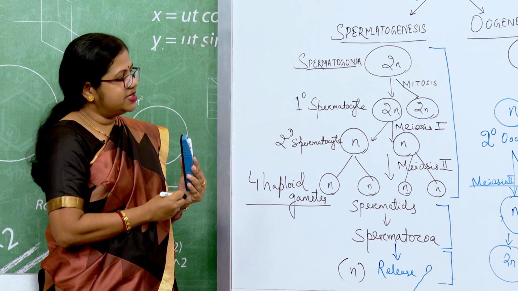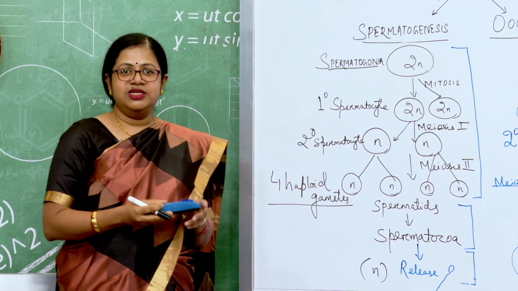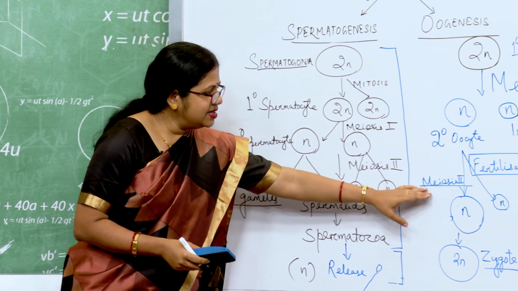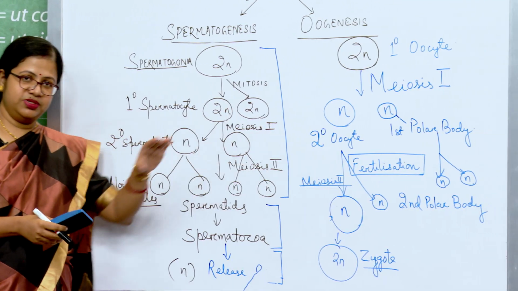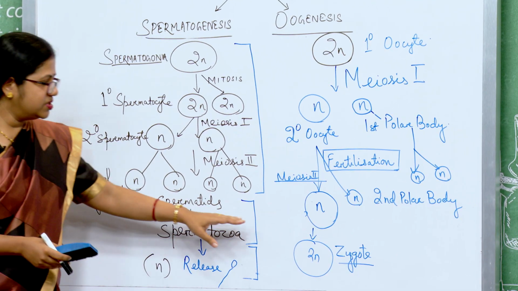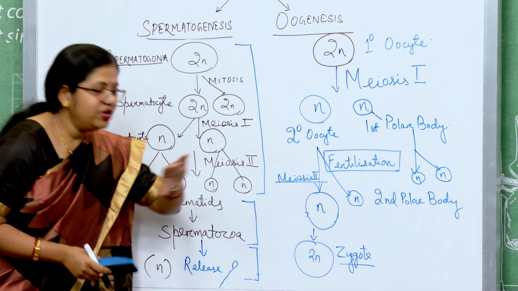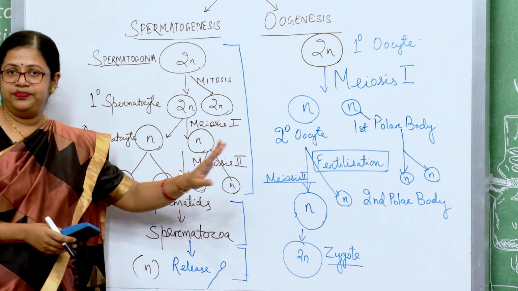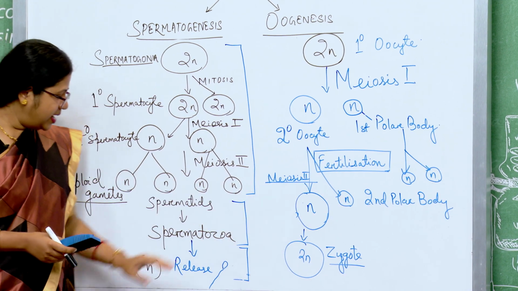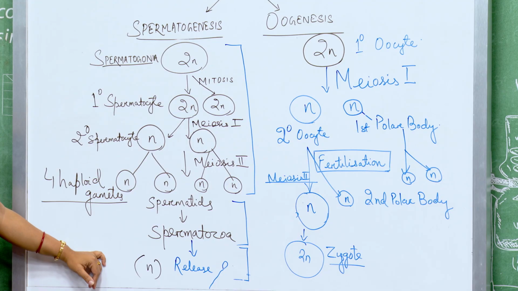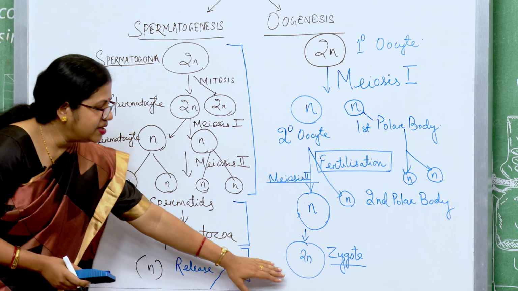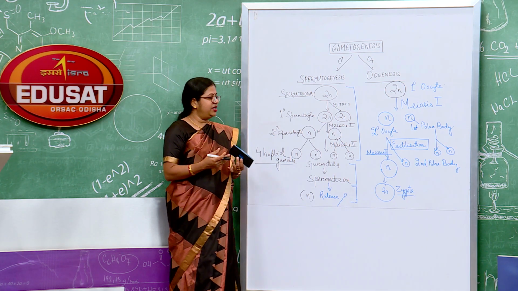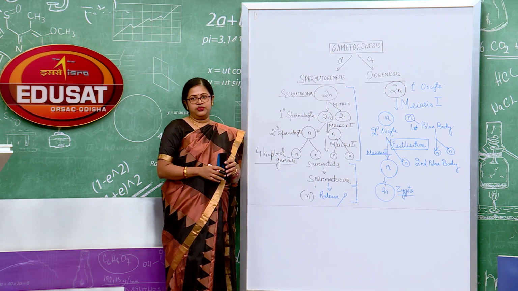These secondary oocytes, upon the initiation of fertilization, enter the regained stage of the previously blocked meiosis 2. Meiosis 2 is completed, a second polar body is released, and it forms a viable ovum. Now this ovum and the released sperm after fertilization will make a zygote, which will again keep the species number constant. It will maintain the 2n number in the zygote.